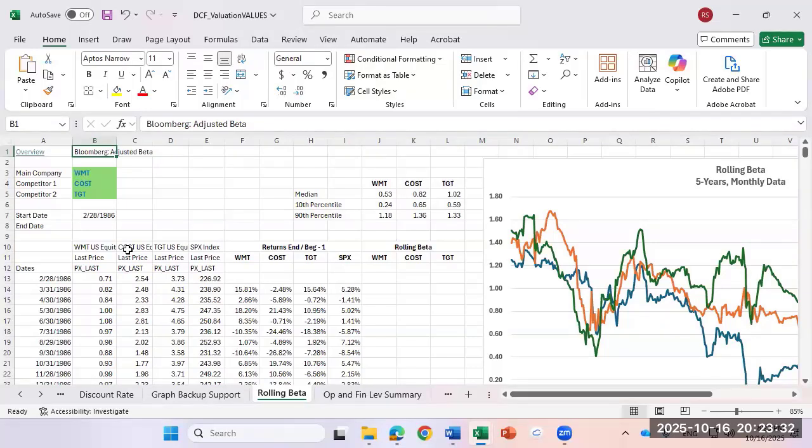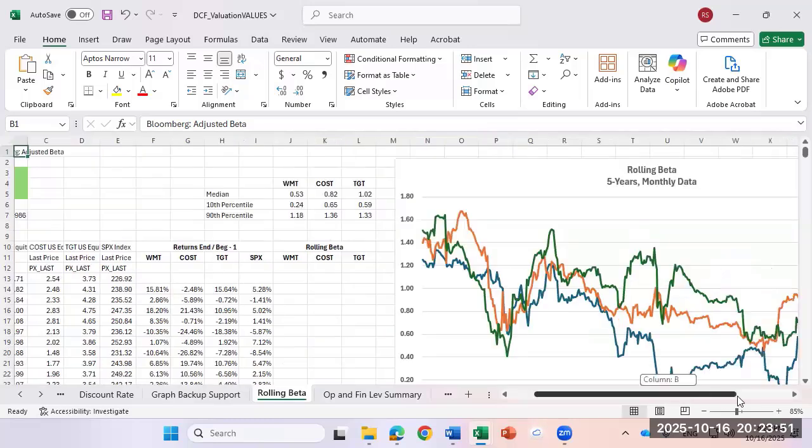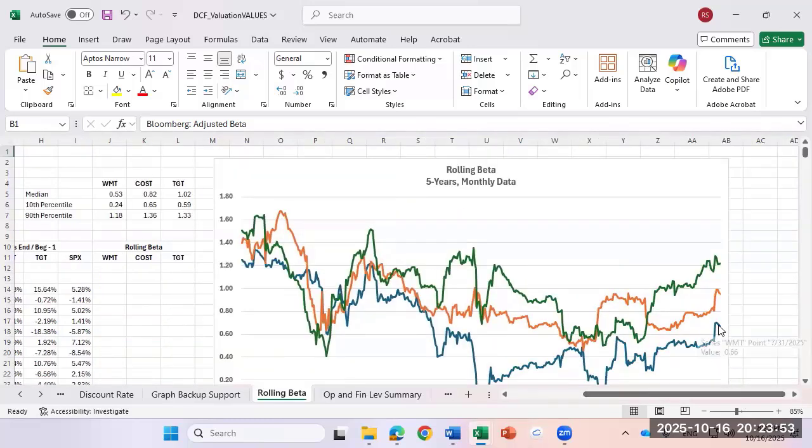They found that someone wrote a paper in the 70s that said betas generally move toward 1. And so their adjusted beta just takes the beta and moves it closer to 1. If it's above 1, it moves it closer to 1. If it's below 1, it moves it closer to 1. That's their adjusted beta. Does that sound any good? It's essentially this number right here plus a little bit to get it closer to 1. So I don't know if that's all that much better.